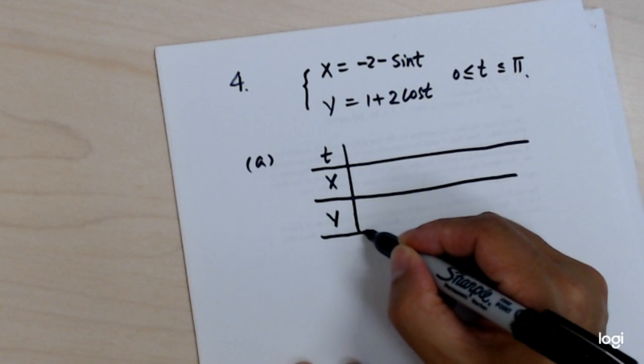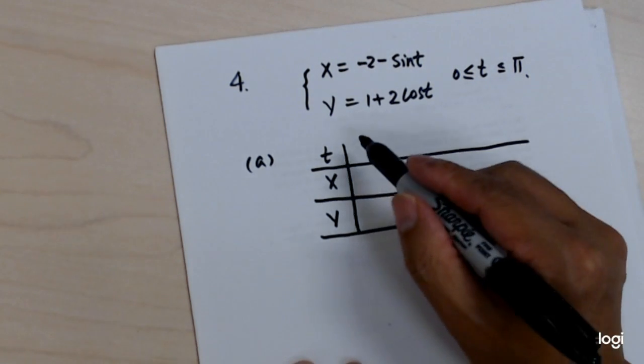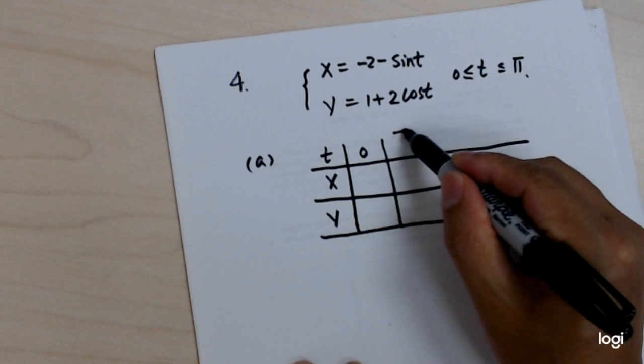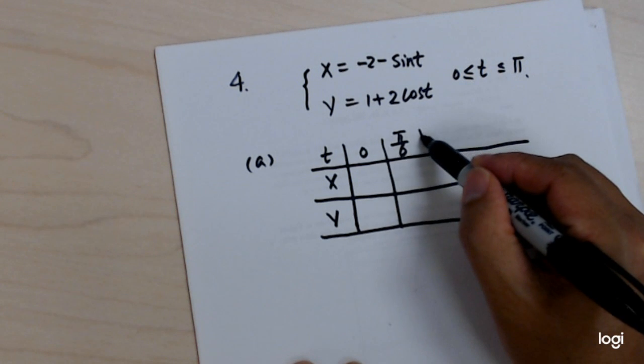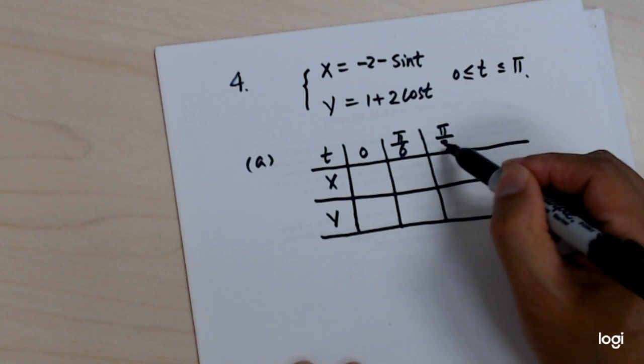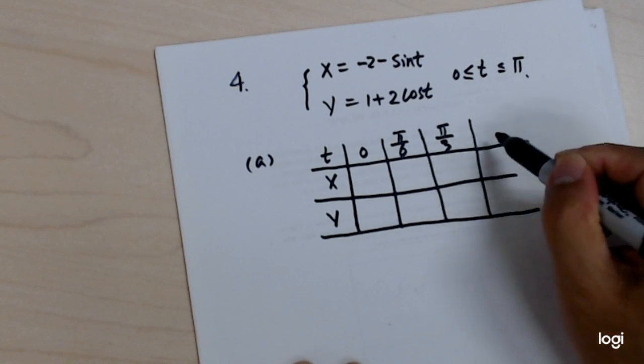Alright. We're going to try a few numbers. 0, for example. Pi over 6, for example. And maybe pi over 3. How about pi over 2?